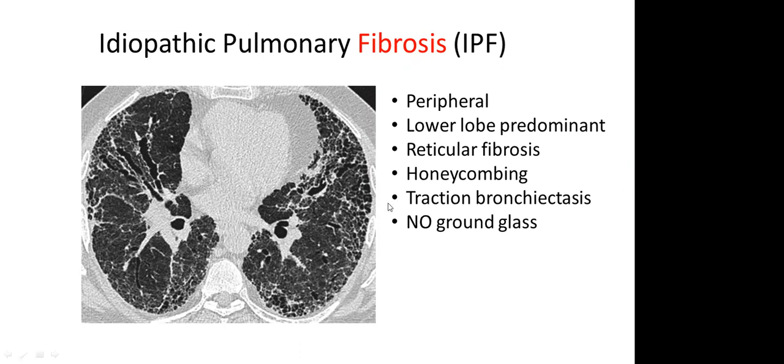But there's not ground glass. Why is there not ground glass? Because it's just fibrosis. There's not inflammation, right? So inflammation shows up as ground glass on a CT, and it's not going through that progression of inflammation. So it just shows up as fibrosis.